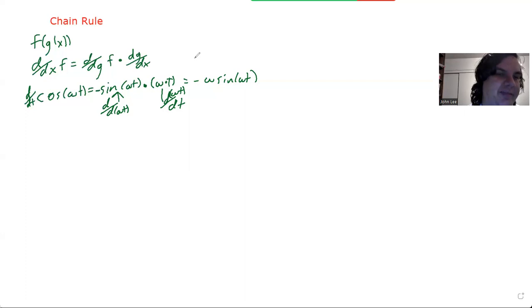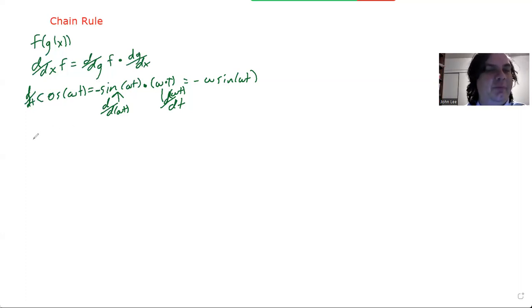So you have to have this constant out front that converts from the units of whatever you're trying to take a derivative of to a constant number. So omega has units of 1 over time if t is time. So time times 1 over time is going to give you no units, which is just going to be a number, which is what we're looking for.